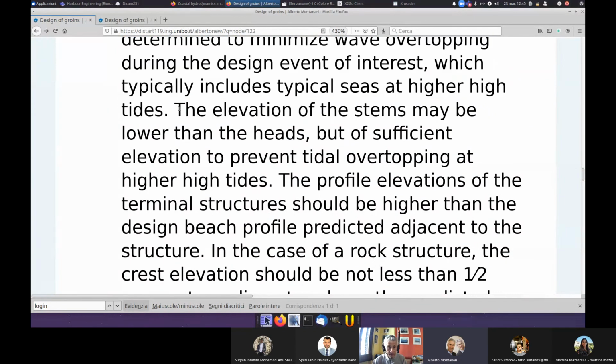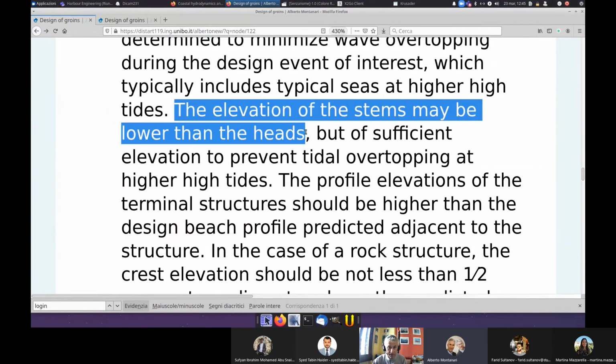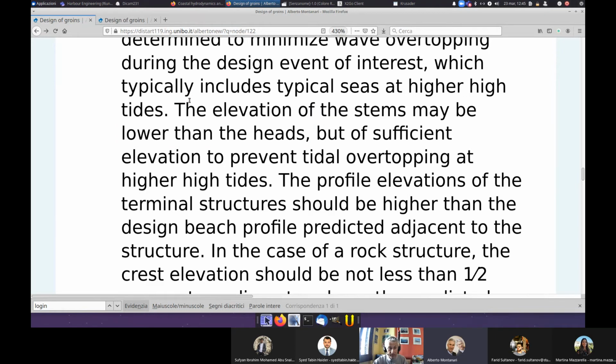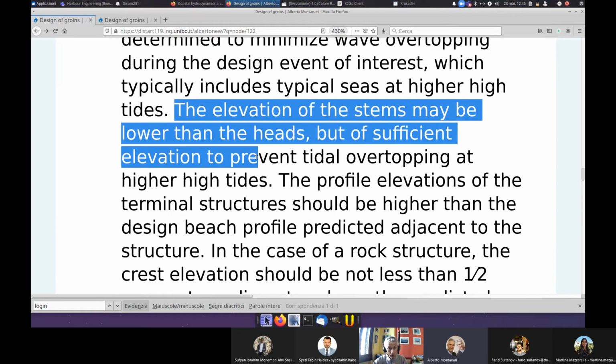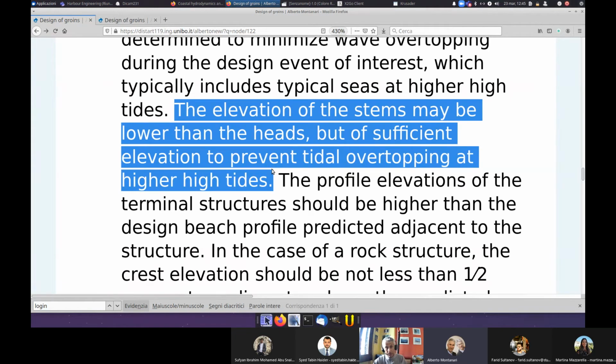And the elevation of the stems, the part of the groin placed landward, may be lower than the heads, but must be sufficient to prevent tidal overtopping at higher high tides. So again, it shouldn't happen that the groin is bypassed landward during high tides.